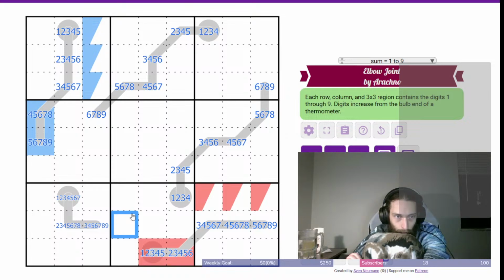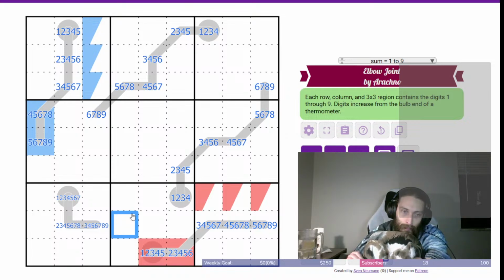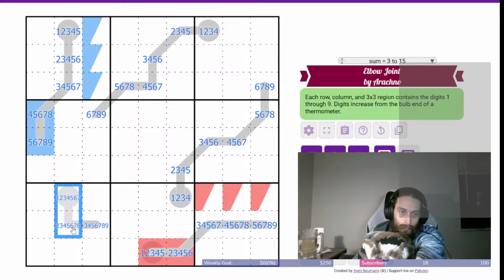Well, at least one of the blues has to be on the thermo. They're in box 9, and the minimum it can be is 4.